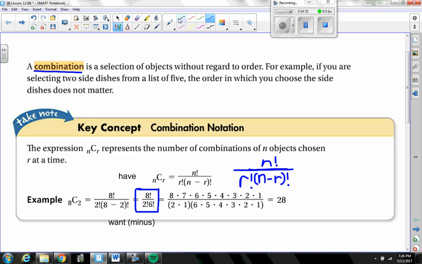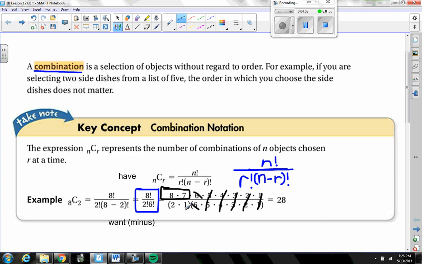Now once we have these set up and we understand what the factorial part means, we can look at our big long fraction and cancel some things out. So again, we cancel out the 6 and the 6, the 5 and the 5, the 4 and the 4, the 3 and the 3, the 2 and the 2, the 1 and the 1, and all we're left with is 8 times 7 on the top, but then we just have that r factorial on the bottom.